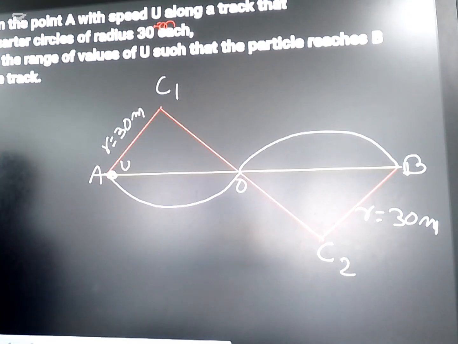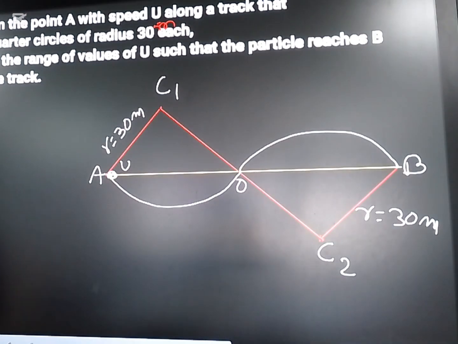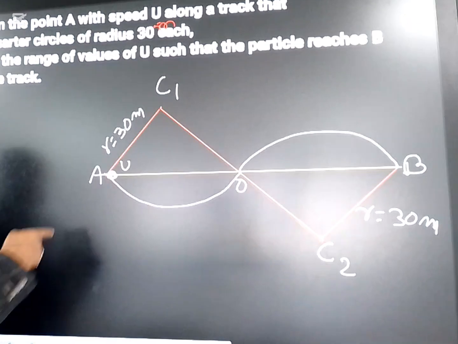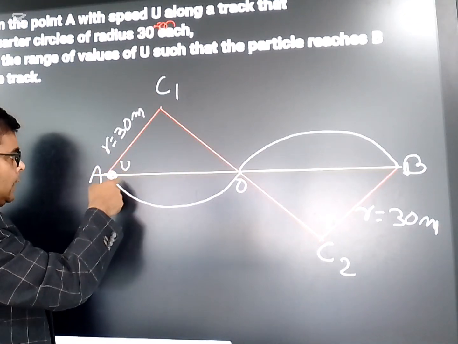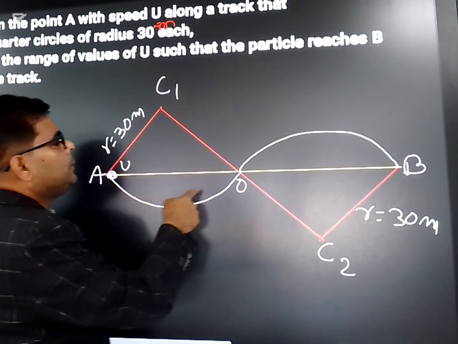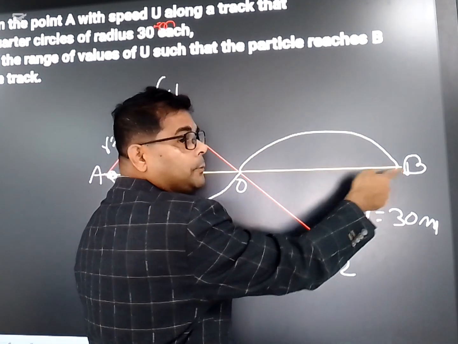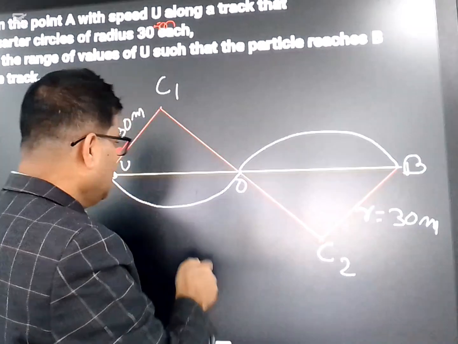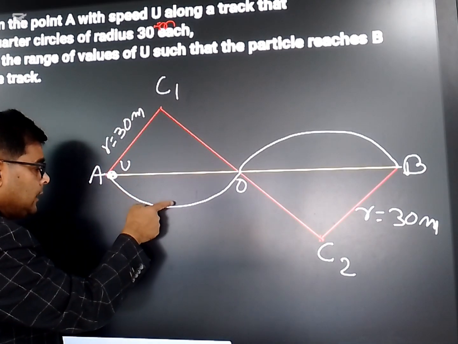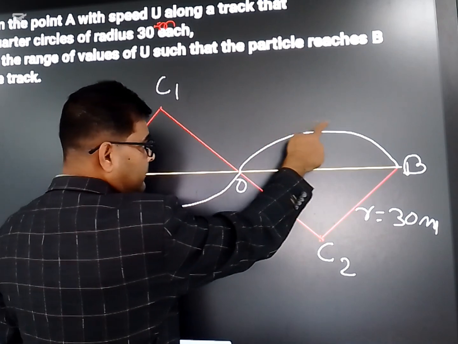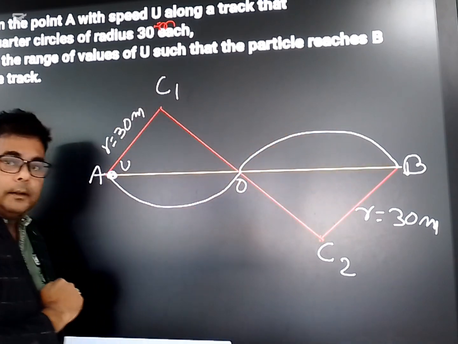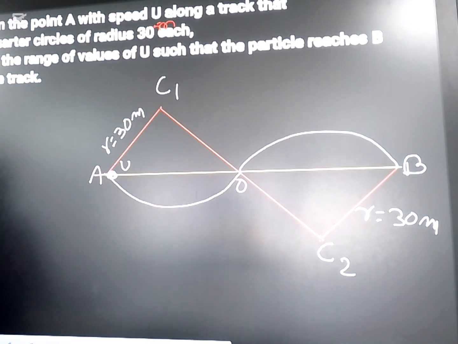According to the question, you have to find the range of values of u so that this particle completes this motion up to position B without leaving contact with this circular track.